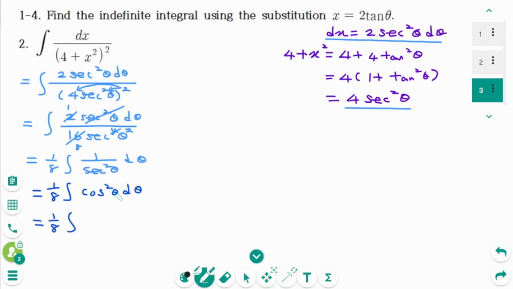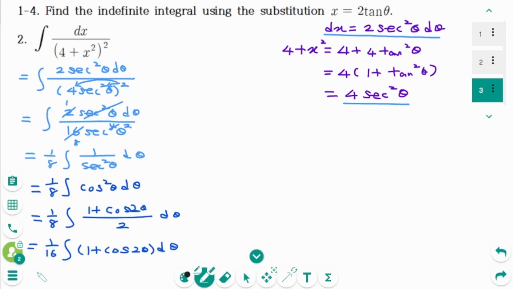equals 1 over 8 integral of, the power of cosine is even, use the half angle identity for cosine, 1 plus cosine 2 theta over 2 d theta. Then together 1 over 16 integral of 1 plus cosine 2 theta d theta equals 1 over 16 theta plus, do you remember the formula?